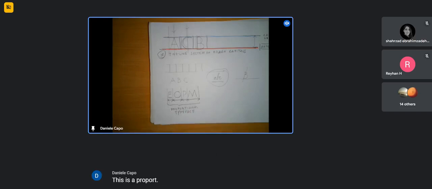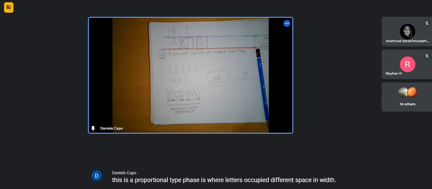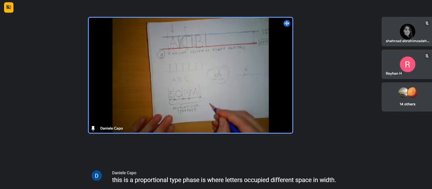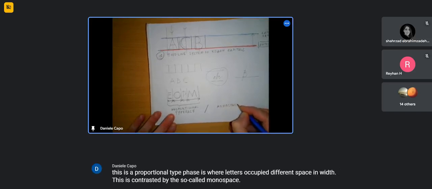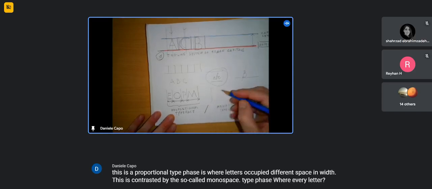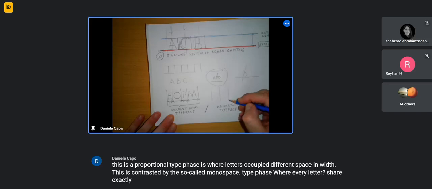This is a proportional typeface, where letters occupy different space in width. This is contrasted by the so-called monospaced typeface, where every letter shares exactly the same width.